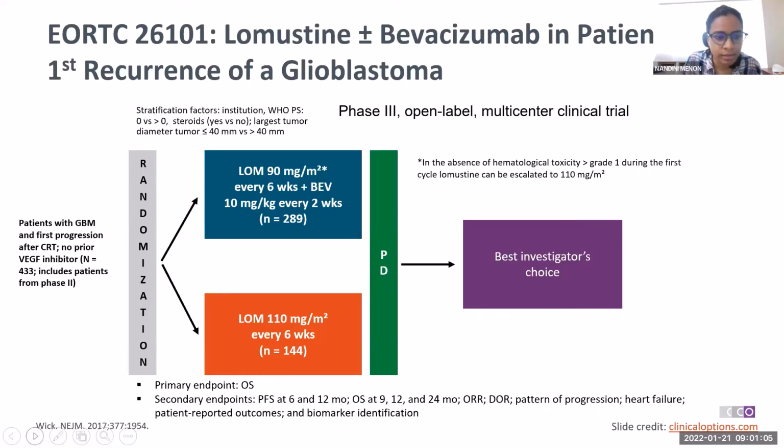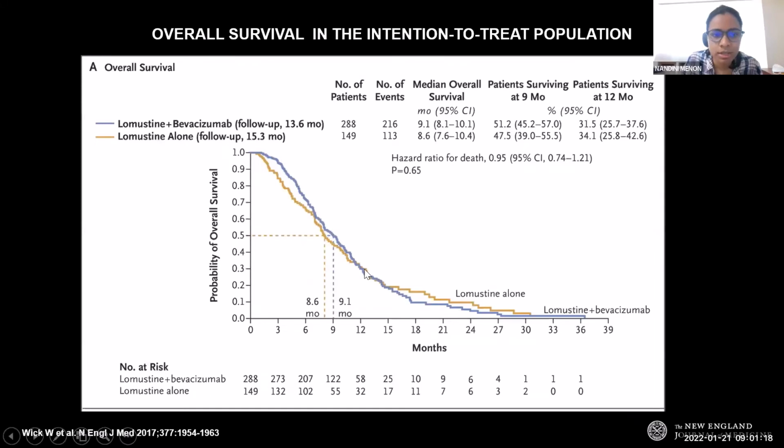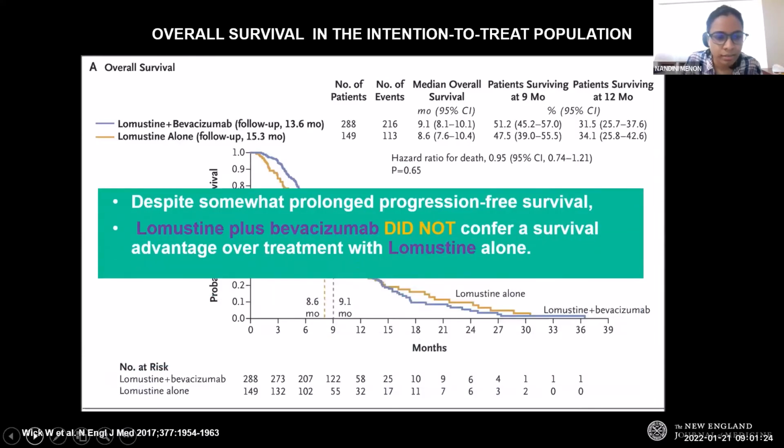This study ultimately showed that the combination had a benefit for progression-free survival, which was almost 3 times that of giving lomustine alone. But when they went on to overall survival, there was no significant difference. It was 8.6 months for CCNU and 9.1 months for the combination of both. And the reason for it is not very clear.